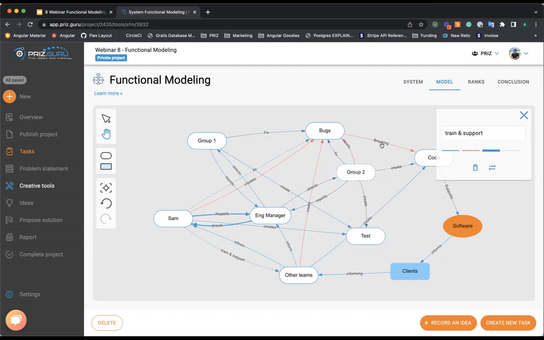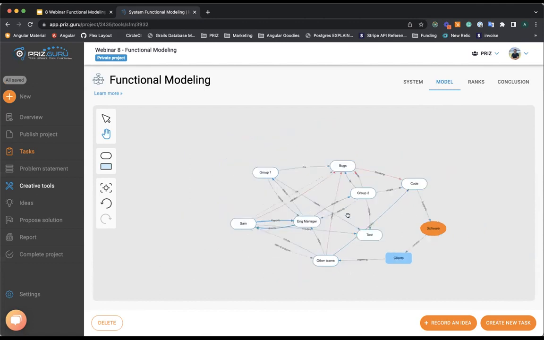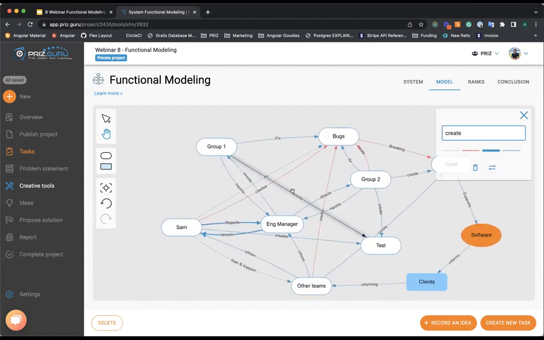This group, what do we have? It creates bugs. Creates bugs, creates code, fixes bugs, writes tests. What else? This group of people, being a little bit less experienced, they're creating tests, they're doing the best they can, right?